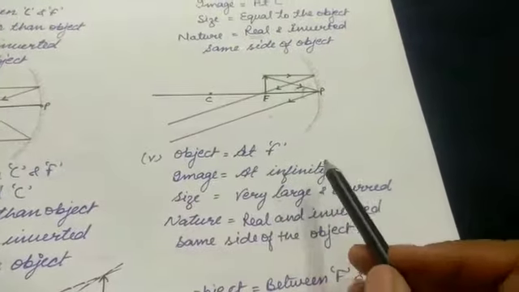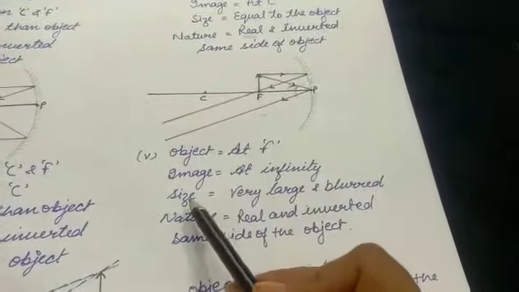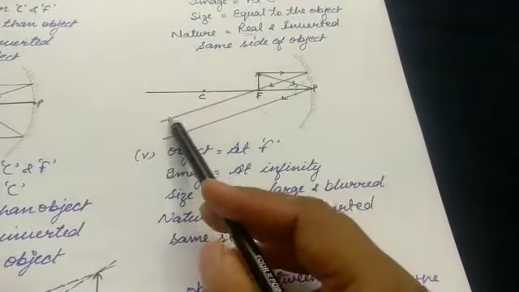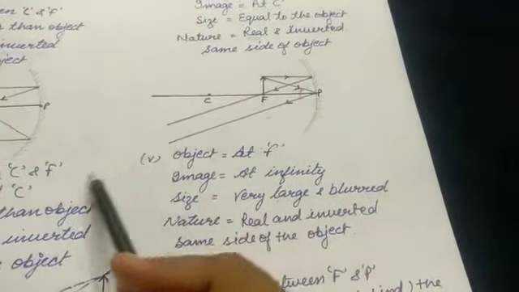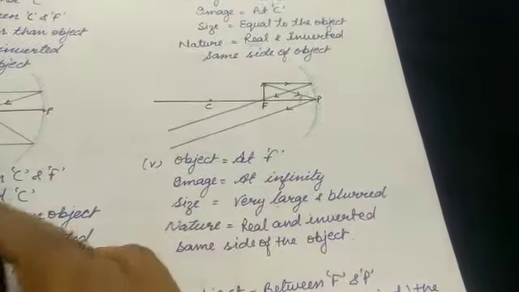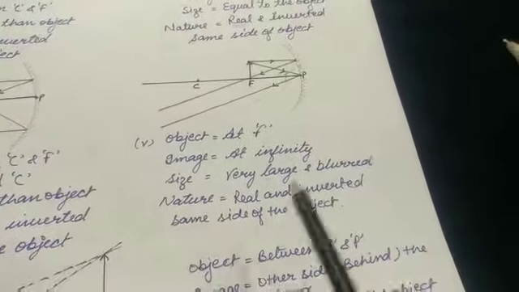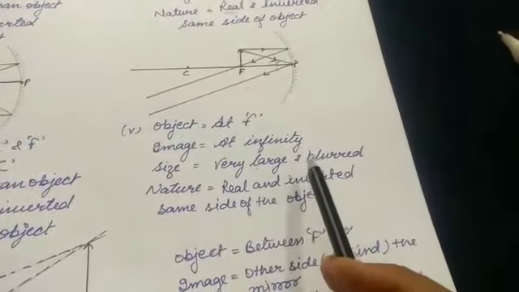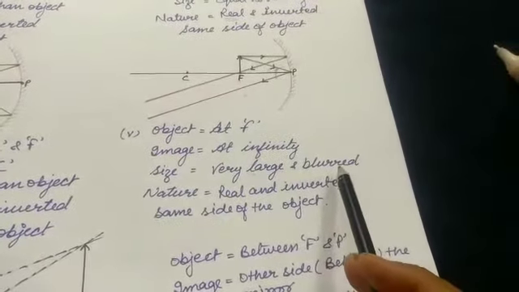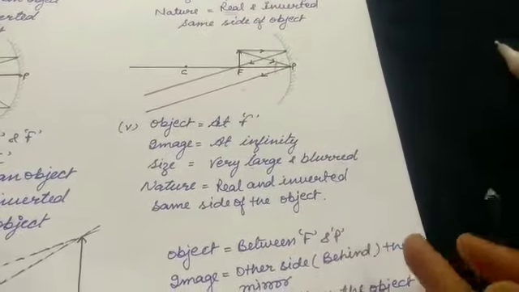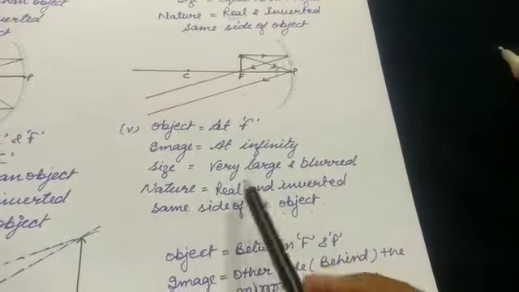As you can see, as they travel farther and farther, they move away from the principal axis. So the size of the image is going to be very, very large, and it becomes blurred. The image is not going to be clear or bright. A blurred image will be formed.